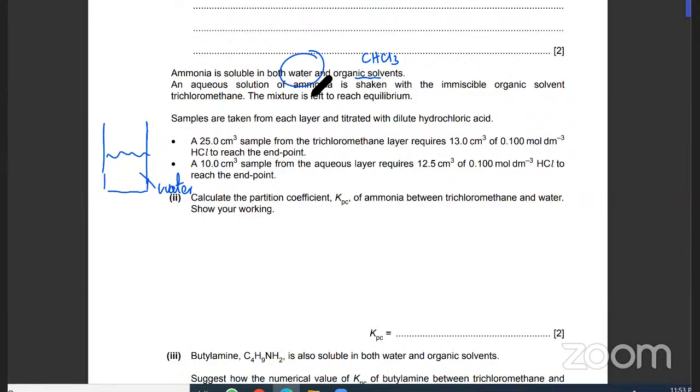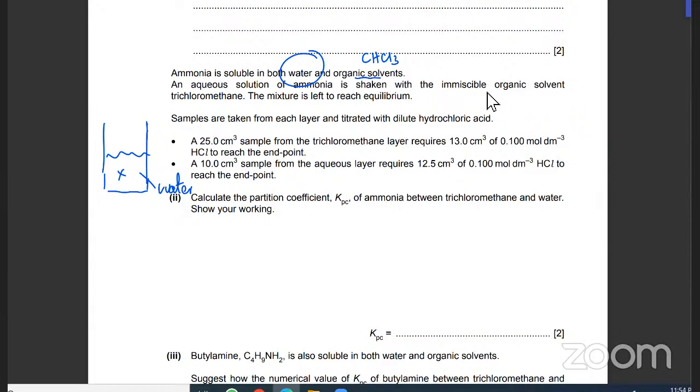Initially you've got water and it's aqueous ammonia. I'm going to call ammonia X. So there's some X that is mixed in water, right?